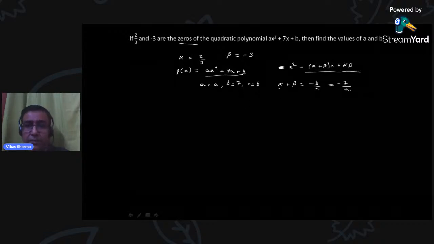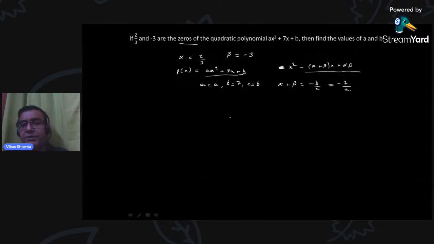So the sum of the roots is equal to minus 7 upon a. And we also know that alpha beta is equal to c upon a. So using this, c is equal to b and a is equal to a. So the product of the roots should be equal to b upon a.